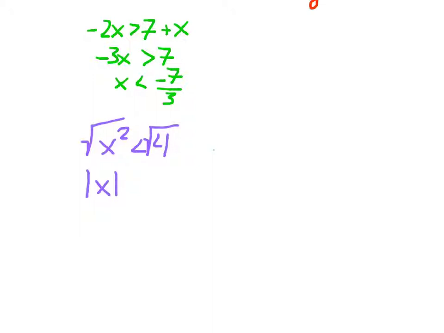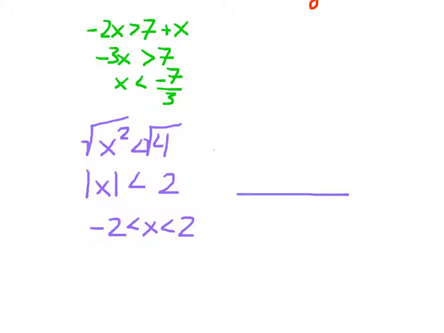So we use the absolute value of x, which is less than 2. When I take the square root of 4, by convention I'm only taking the positive solution. But writing it this way with the absolute value signs, x can really be -2 or 2. So since this is an inequality, any number between -2 and 2 will solve this inequality.